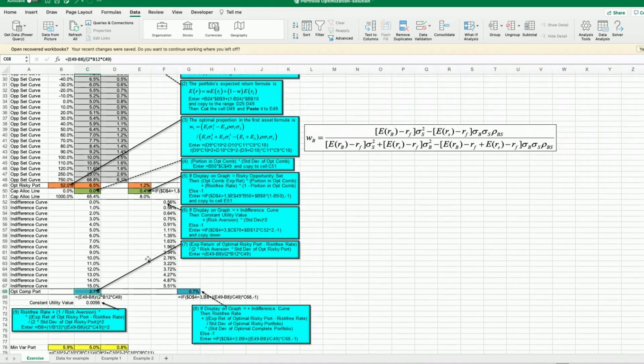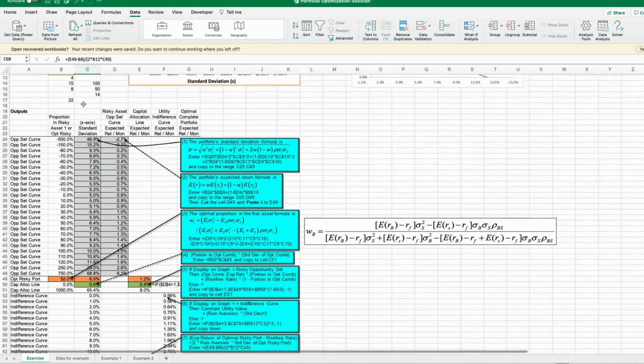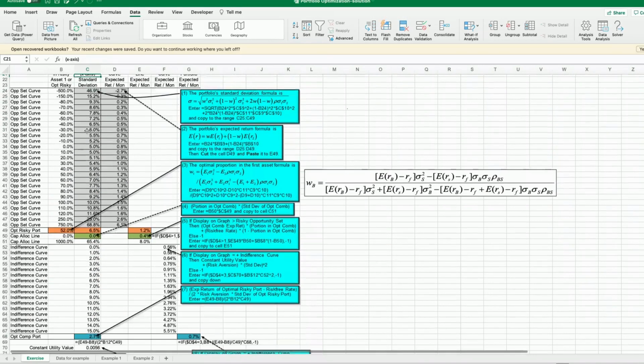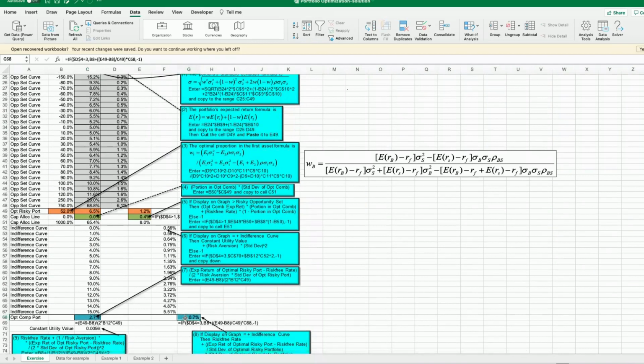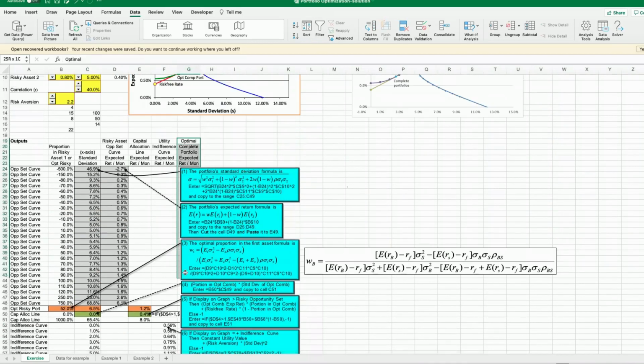And the formula here is using the value for the optimal risky portfolio's return, subtracting the risk-free rate, divided by 2 times risk aversion times the standard deviation of the optimal risky portfolio. So this 2.7 is therefore the standard deviation. All the standard deviations are nicely lined up in this column here. And the expected return is shown in the last column here.